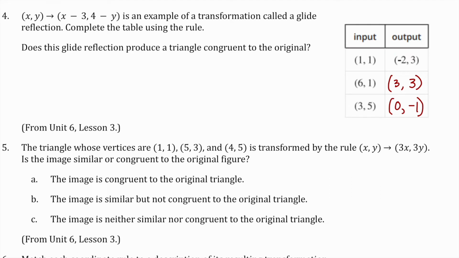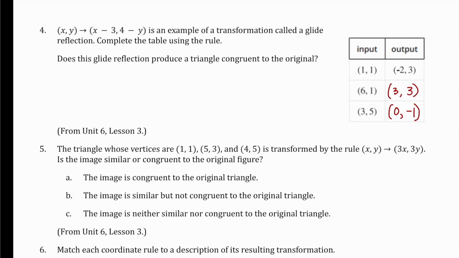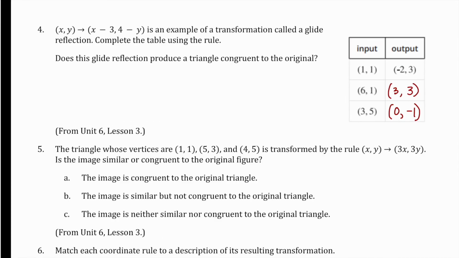So is it going to be congruent to the original? Well, kind of, yeah, basically. We're not really applying a scale factor to any of these. Changing the sign of a number is not really going to give you a coordinate that ends up much different.